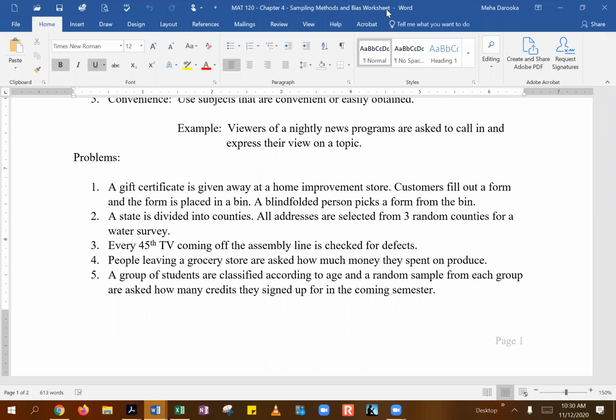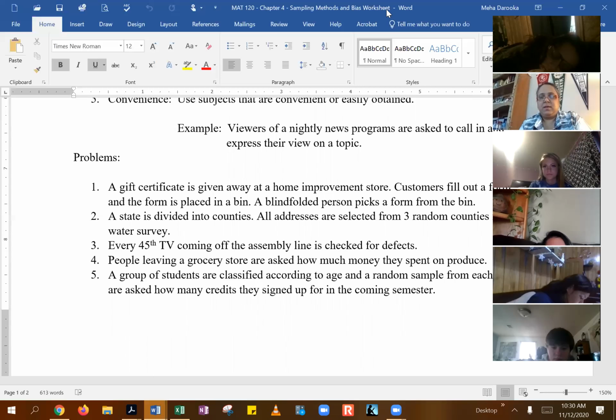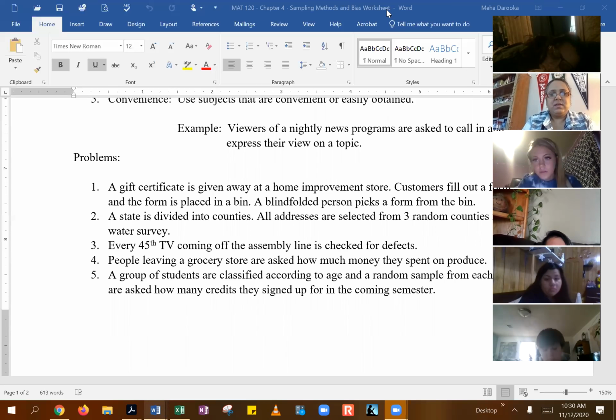A blindfolded person picks a form from the bin. And I'm sure you've seen this happen at different types of stores. So what do you think this would be? Random, systematic, stratified, cluster, or convenience?